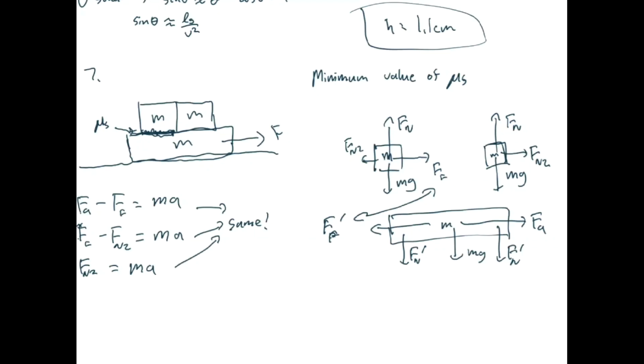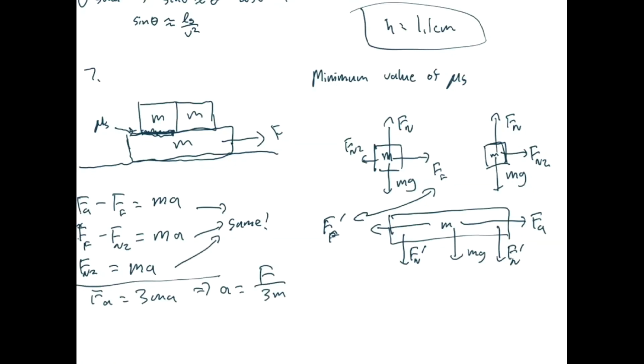So now what we just want to find is the friction force. If we add all these equations together, we'll get something very nice, which is just that the applied force is 3ma. So from there, we can get the acceleration to be the applied force over 3m.